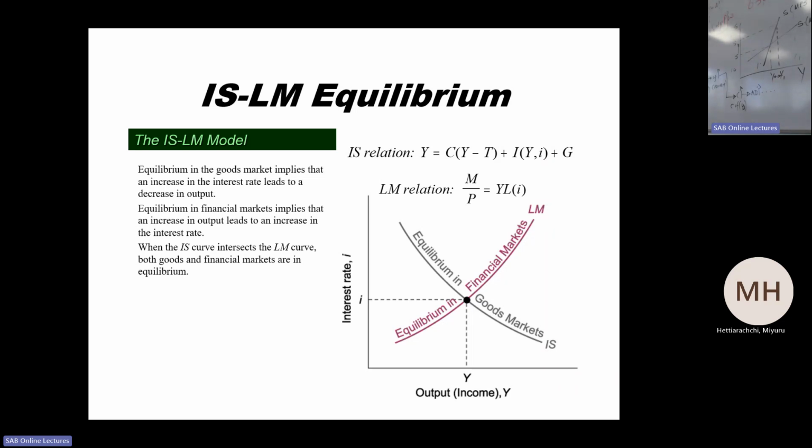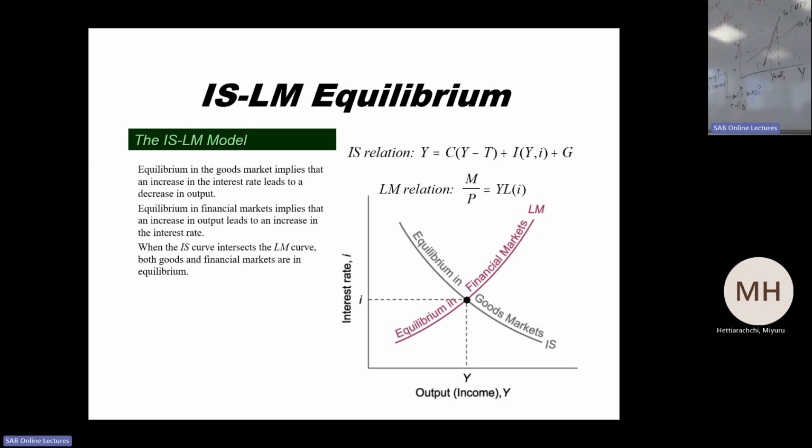So this money supply is the real money balance, right? That is equal to the money demand, which depends on income. So that is called liquidity preference. So now we know that there is a downward sloping IS curve and an upward sloping LM curve.